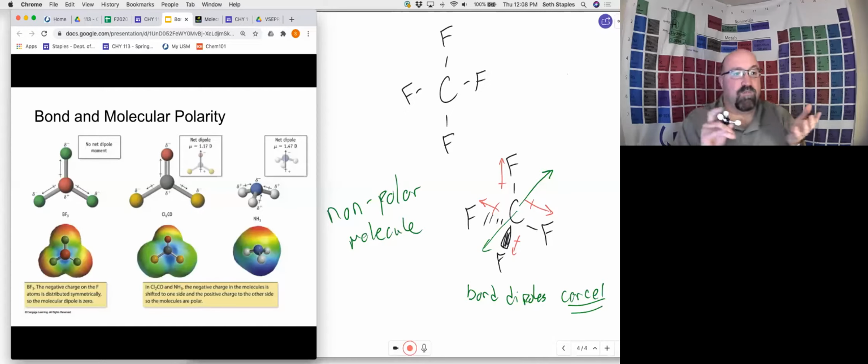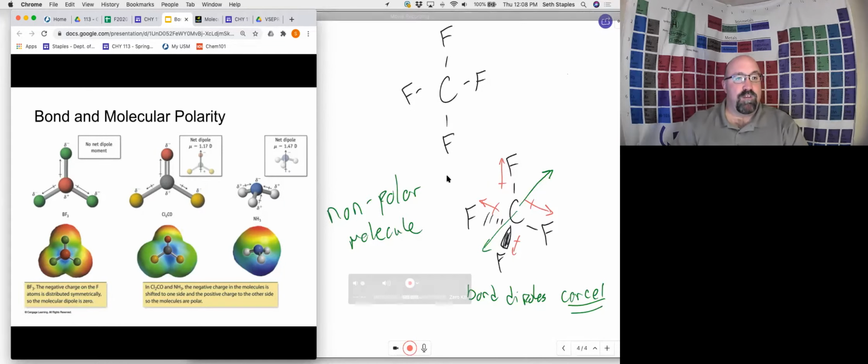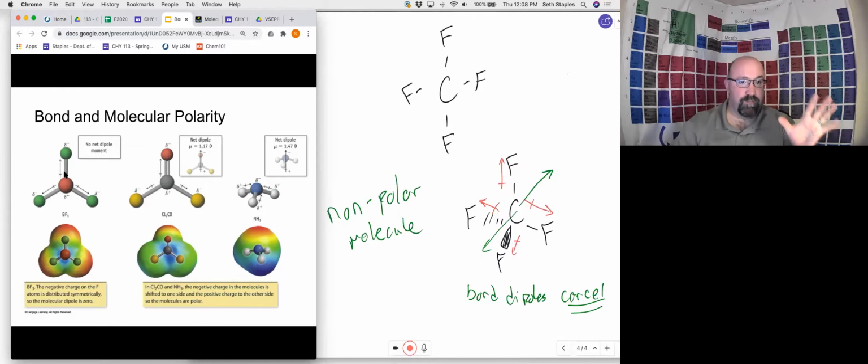And here we can start to really see the effect of that. In this case, we have 3 different cases where we have 3 atoms surrounding our central atom. 2 of these are trigonal planar. So BF3, and this would be CCl2O. For BF3, we absolutely have polar bonds, but what we can see is that those polar bonds are going to cancel each other out.